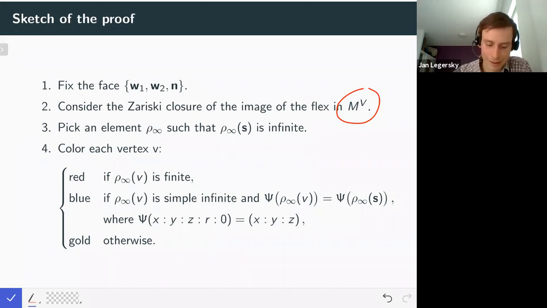So it's a curve, maybe something with higher dimension.